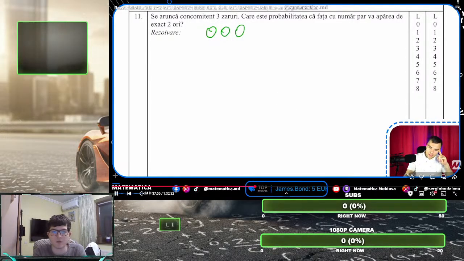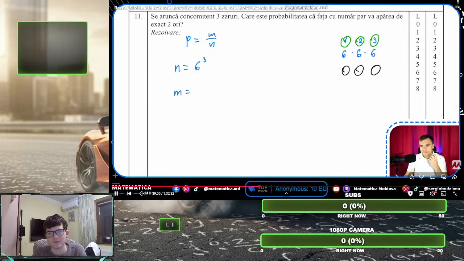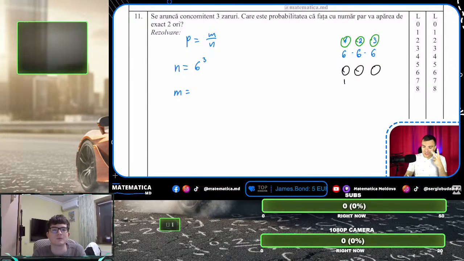That should be like this problem. So n, it's not going to solve n now. Six to the power of 3. So that's 6 to the power of 3.